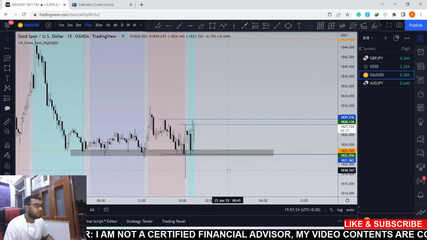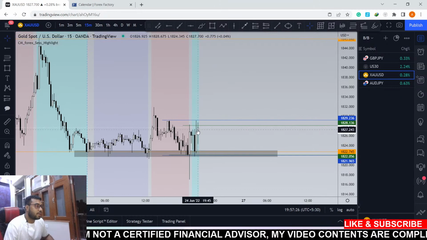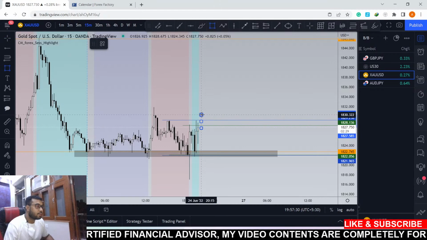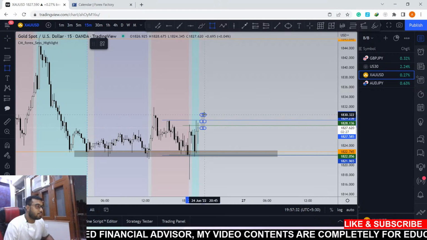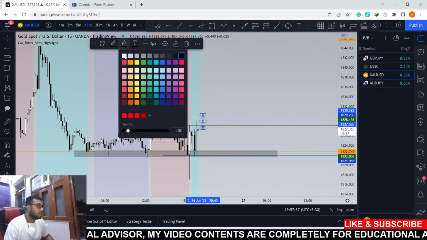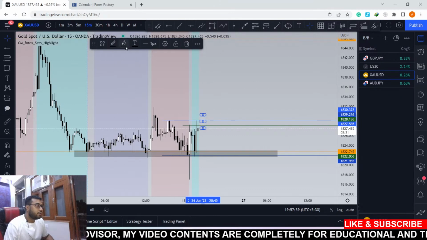Well, what I have seen is that if we see this sort of candle and the next candle gives us some sort of break like this, it's a very high priority trade. There is a high chance that it will continue its move to the upside.